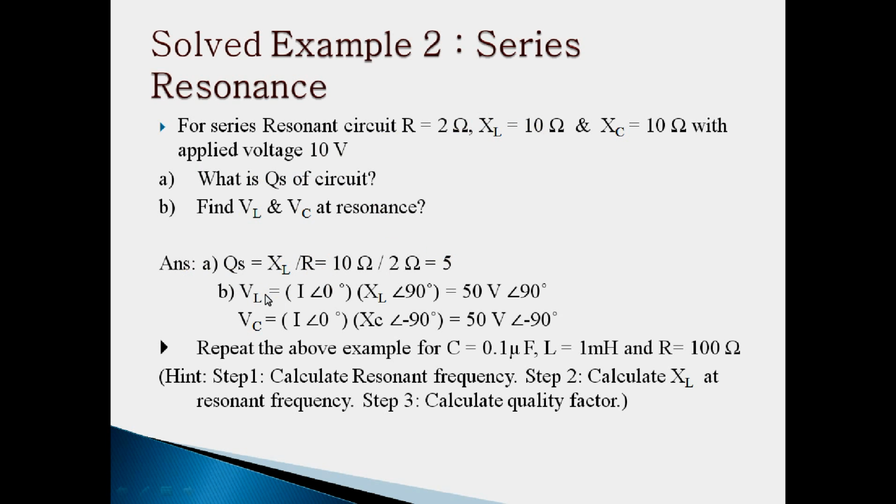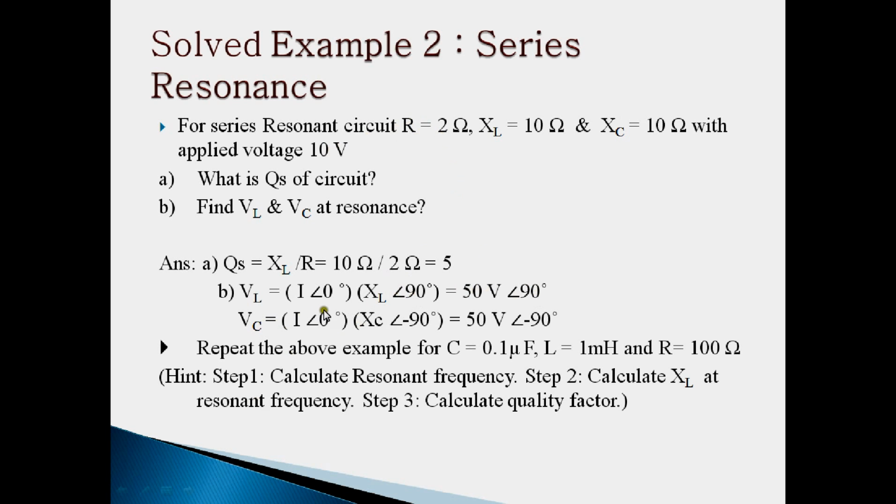Voltage across inductor is equal to current into XL with phase shift 90 degree, because inductor has a 90 degree phase shift. It is equal to 50 volt angle 90 degree. For current at resonance condition, the formula is applied voltage divided by resistor value. So it is 10 divided by 2, equal to 5 ampere.